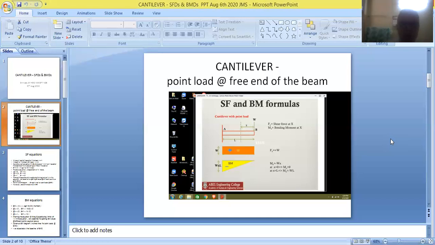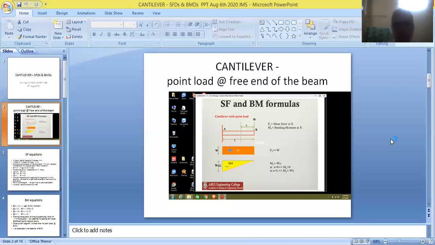So the arrow is shown in the downward direction, and capital W, as indicated earlier, has to be used for indicating a point load that is acting on the top of the beam.